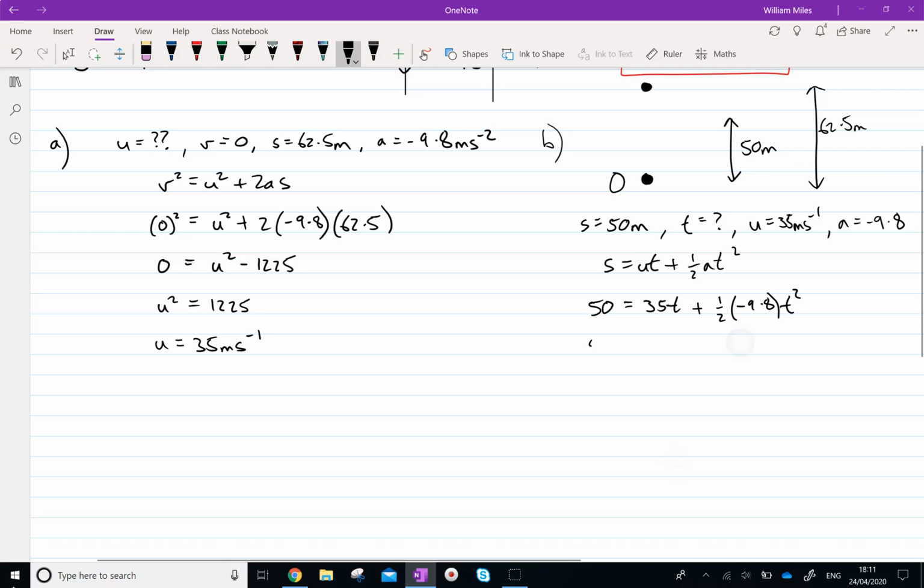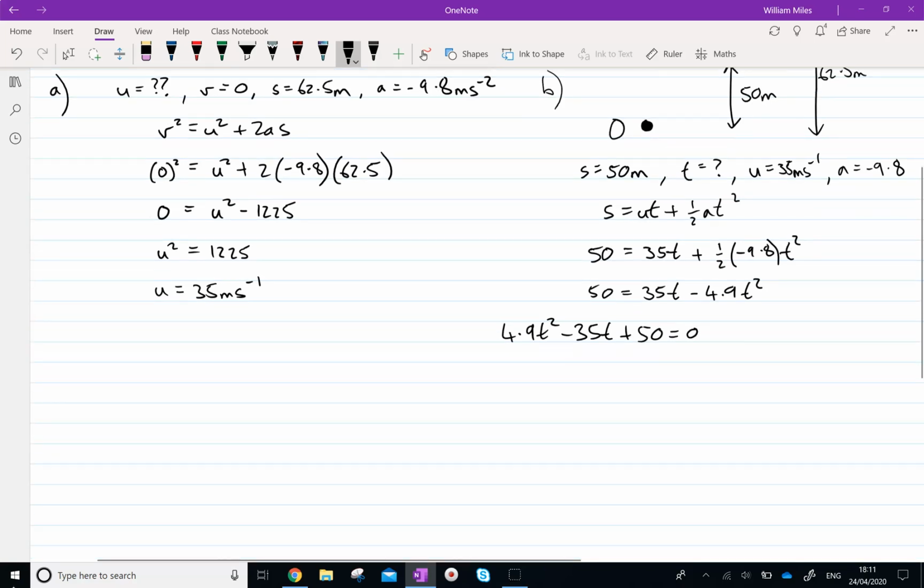Just tidy things up a little bit. 50 equals 35T minus 4.9 T squared. Again, quadratic in T, we've got a T squared term, a T term, and a constant. So let's get one side 0, because it's a bit of an ugly equation: add 4.9 T squared, minus 35T, 50 will stay where it is.